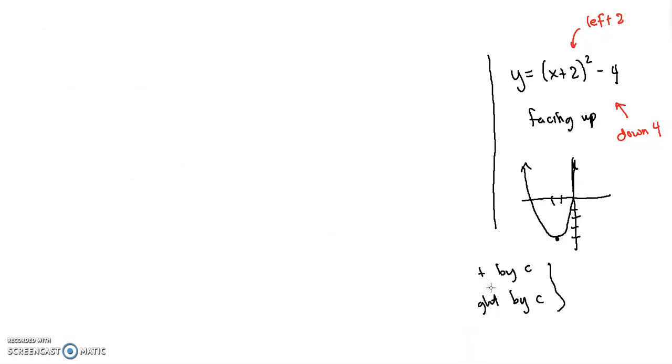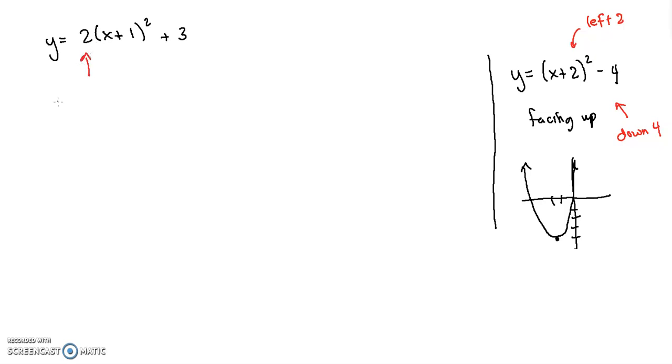We're just going to do some sketches and make sure that we understand the shifting. Okay, so let's say that we've got y is equal to 2(x plus 1) squared plus 3. Okay, make sure you understand what all of these numbers do to the problem. So multiplying by 2 is going to make it taller.